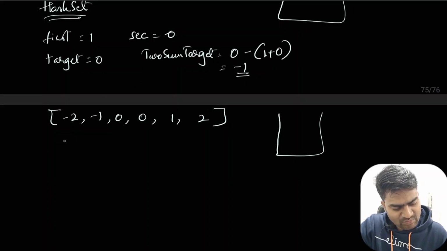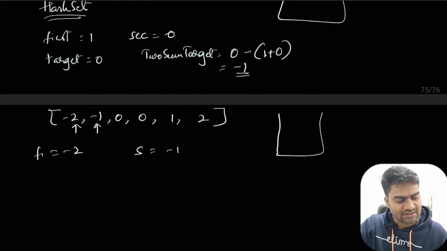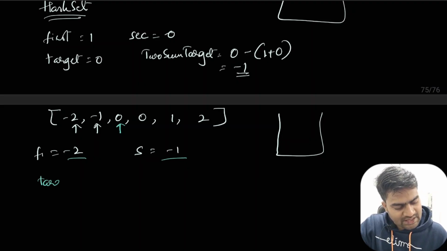So my first number will be -2. My second number will be -1. Okay. Then I will start from this number. So if the first number and second number are these, then this is our target.